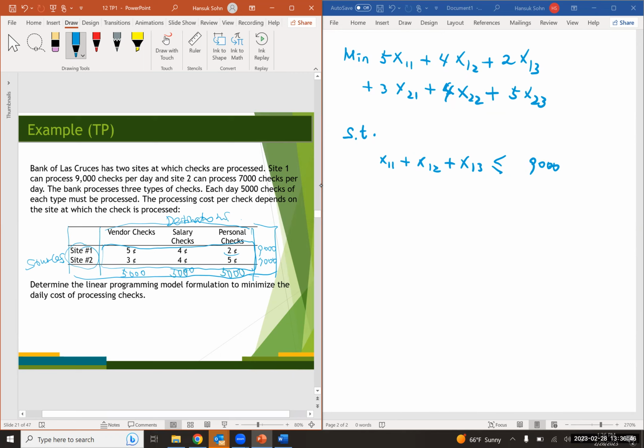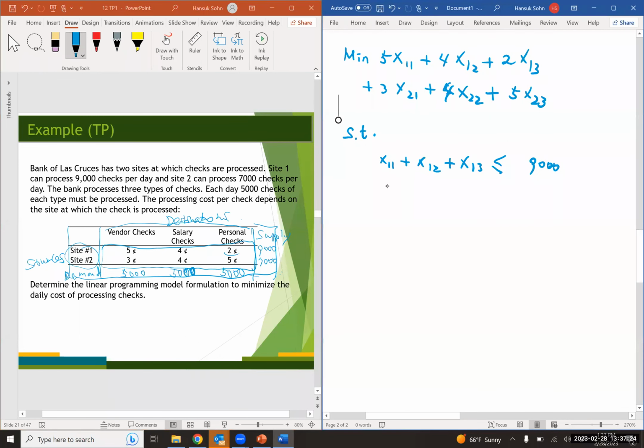Okay, 5,000 each. So in this case, that's going to be the supply amount and demand amount in the last row. Okay. So once you have this complete transportation table, then it's very easy to construct the LP model, right?